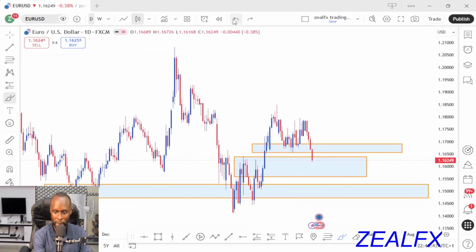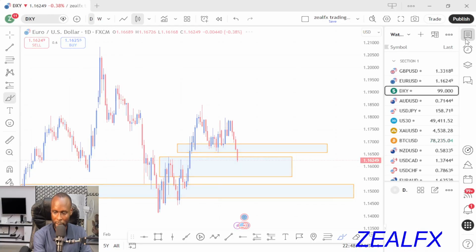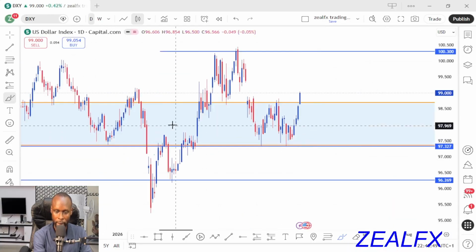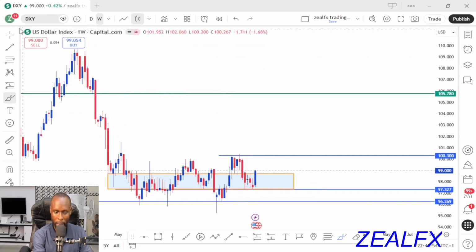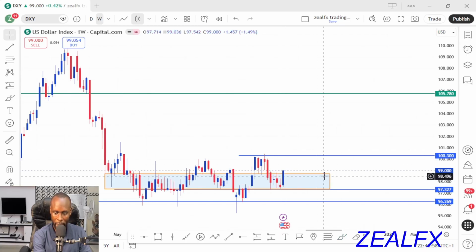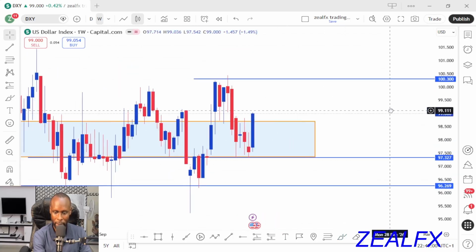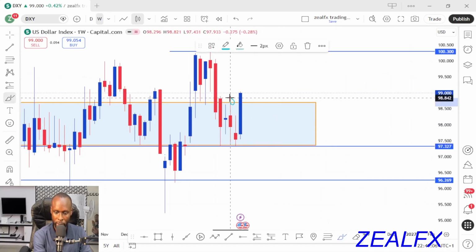So let's look at our next pair, which is the DXY, which is the dollar index. Let's start our analysis from the weekly time frame. On my weekly time frame, we can clearly see that price has also converted this resistance level into a support level.